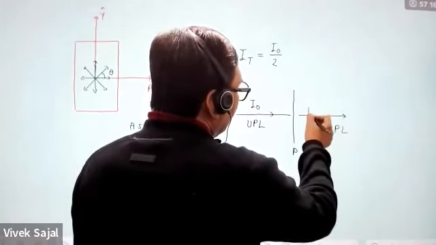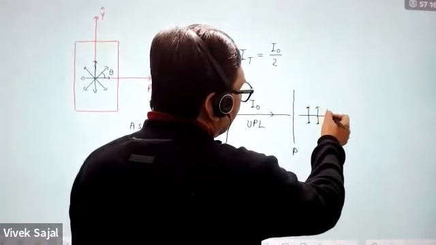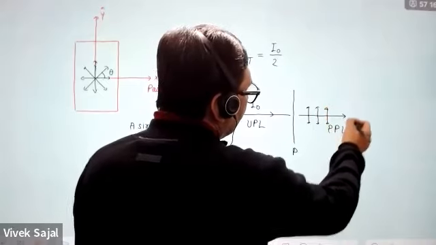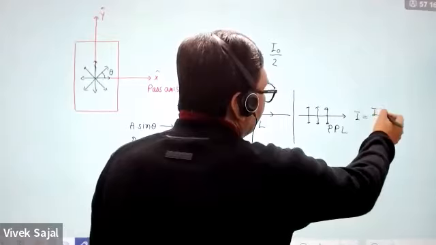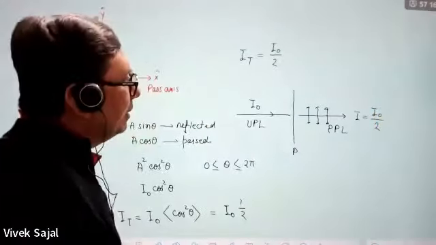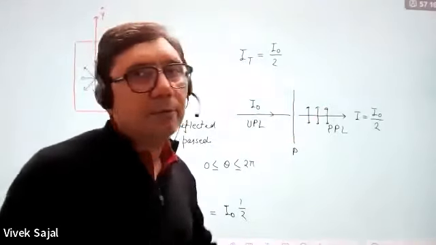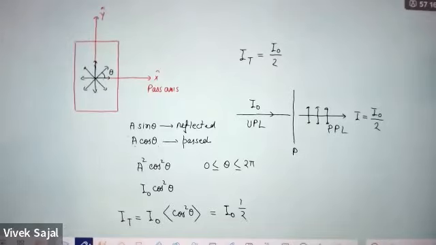Its electric vector will be parallel to the pass axis of the polarizer. And its intensity will be I naught by 2. So when unpolarized light is passed through a polarizer, intensity will become half.